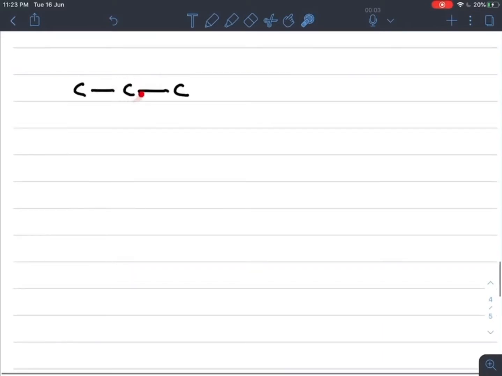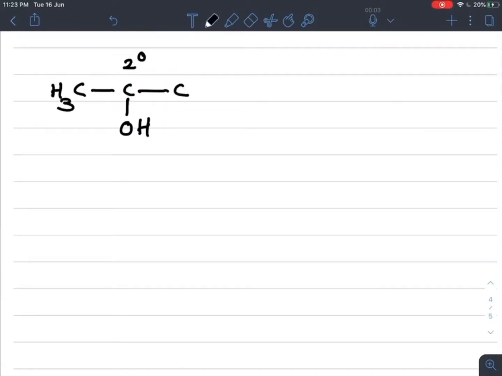So this middle carbon is secondary because it is directly attached to 2 other carbon atoms, and the OH group is attached to it. Now complete the valency of all carbons by hydrogen. So according to valency, this is CH3, CH, CH3.